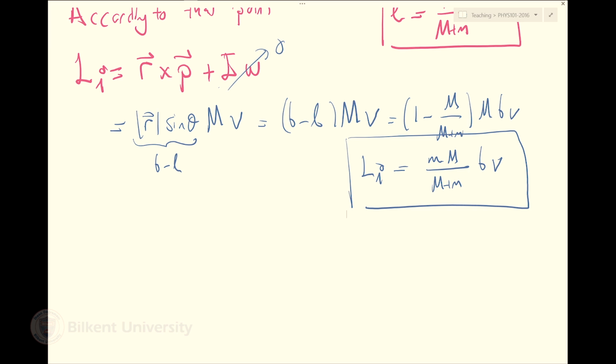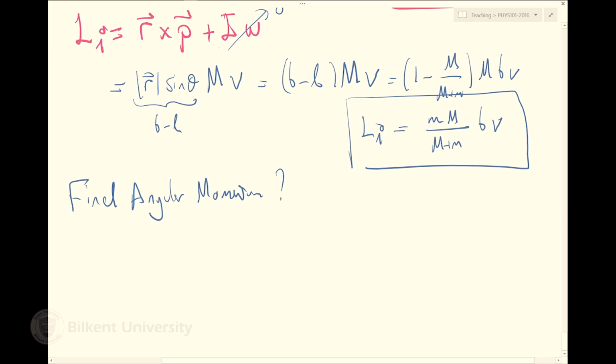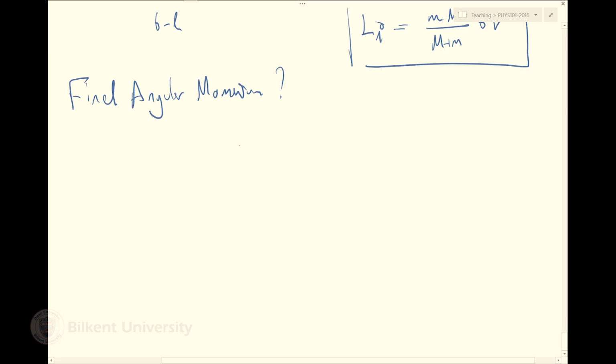How about my final angular momentum? Here is the situation now. I have this puck plus small mass system. But I know the following.